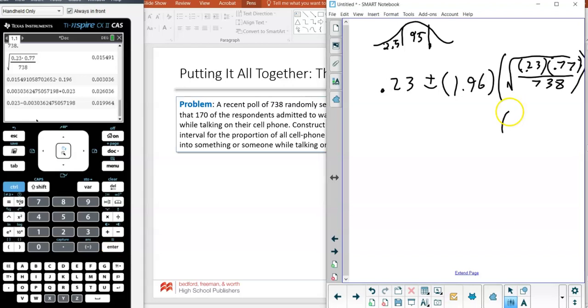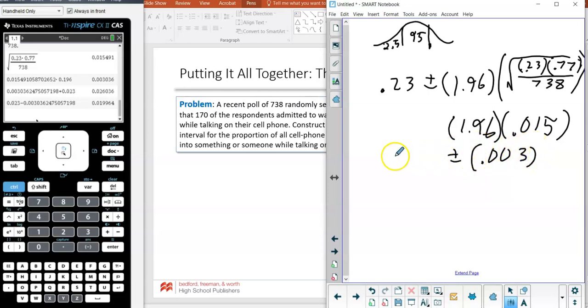So this one is 0.015 times 1.96. Those two multiplied together is 0.003. And then we added and subtracted, and we got a lower bound of 0.01 or 0.02, I guess.